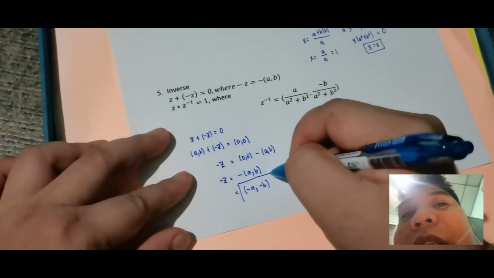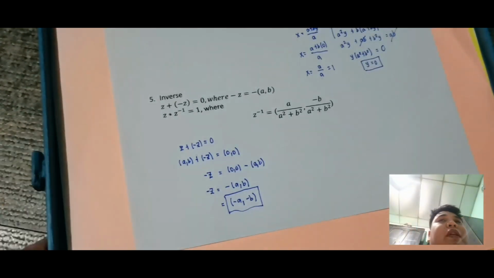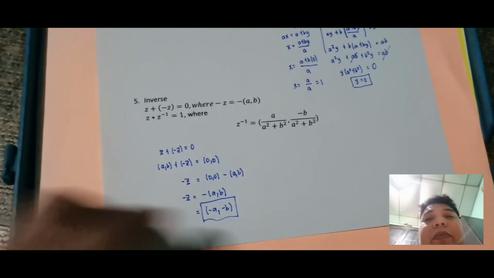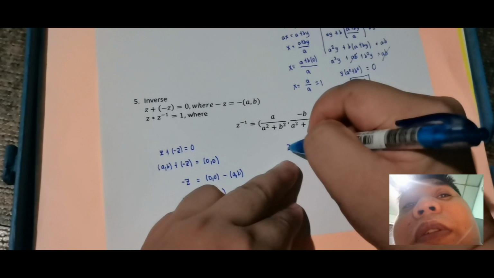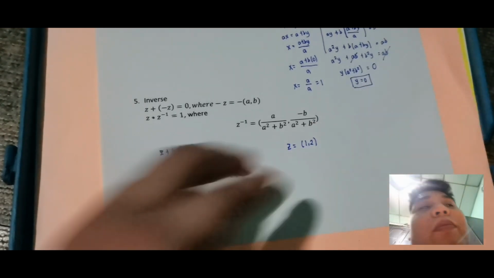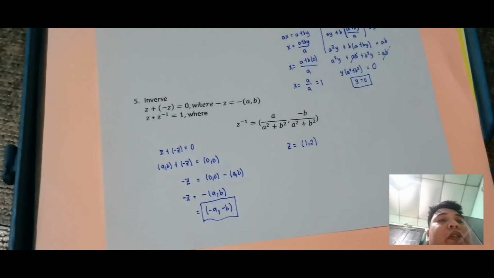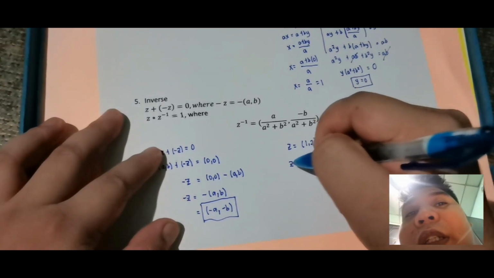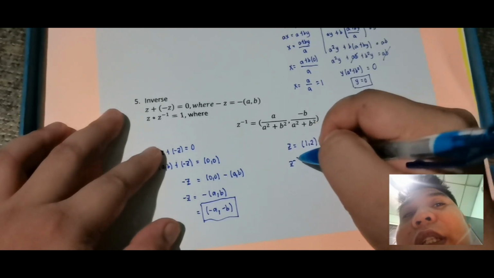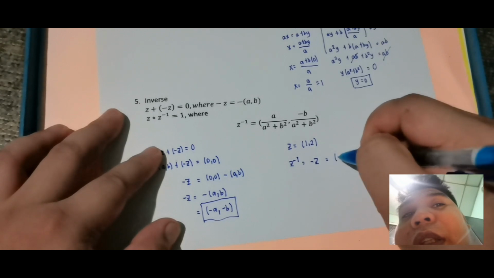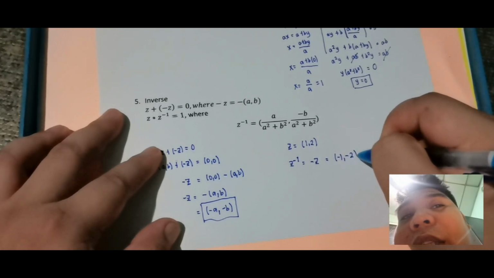So, dito, pag gusto mo kunin yung inverse, i-negative mo lang yung first coordinate at second coordinate, ayun yung kanyang inverse. So, for example, yung Z ko is equal to (1, 2). So, pinapahanap ko yung additive inverse. So, ano yung additive inverse ng Z? So, yung additive inverse ng Z, or simply negative Z, is equal to (negative 1, negative 2).